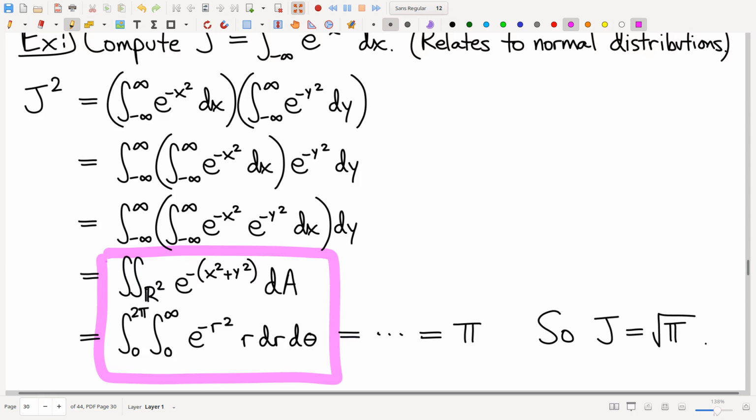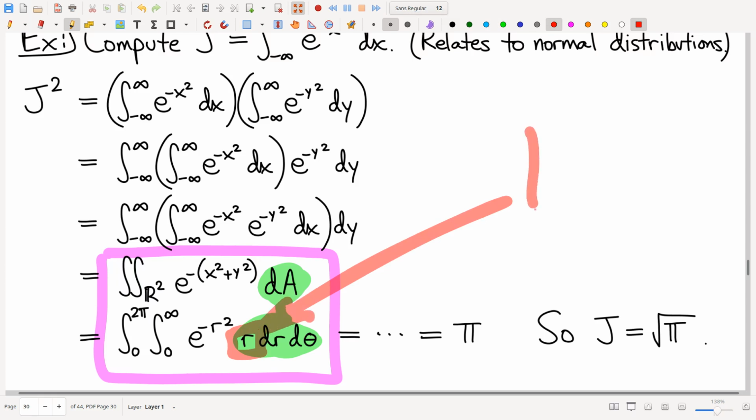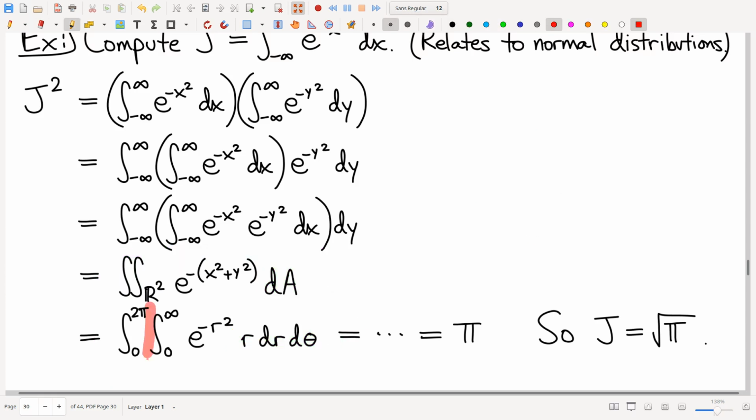Who cares? The who cares is, notice that because our area element with that stretching factor has this extra factor of r in it, now look at my inside integral. I still have this scary e to the negative something squared expression, but now I also have this extra little factor of r. It's exactly what I need to be able to do a basic u substitution.